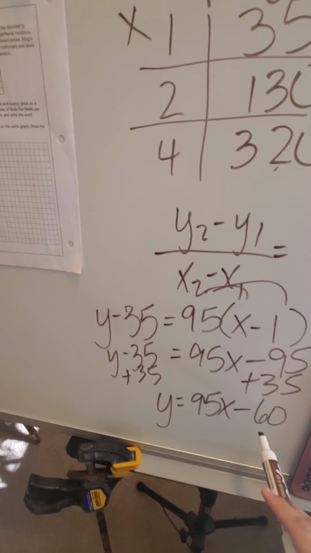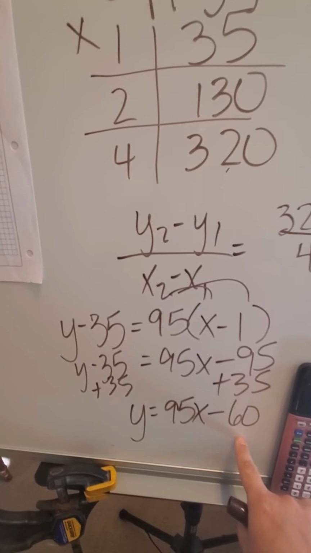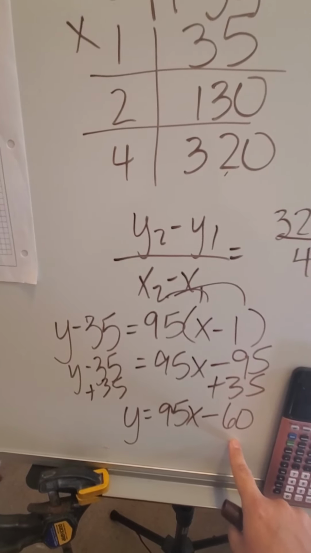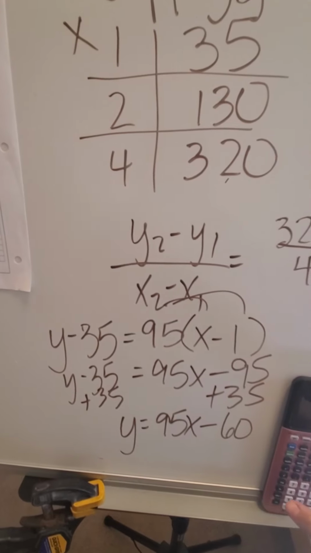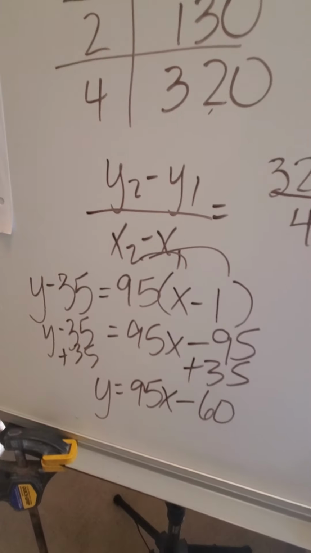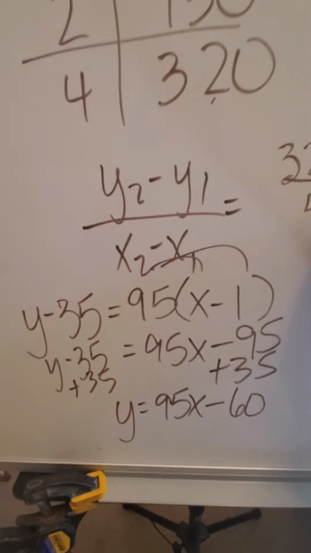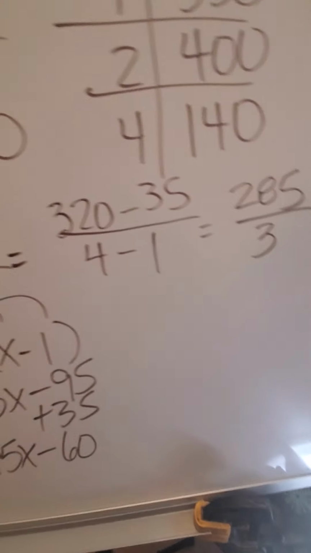So this is saying if they were giving them away, then this wouldn't make sense, right? They would have negative 60 that they'd make. In other words, if they were giving them away, they wouldn't make them, okay? And then it's going to go up by 95 every dollar that it goes up.